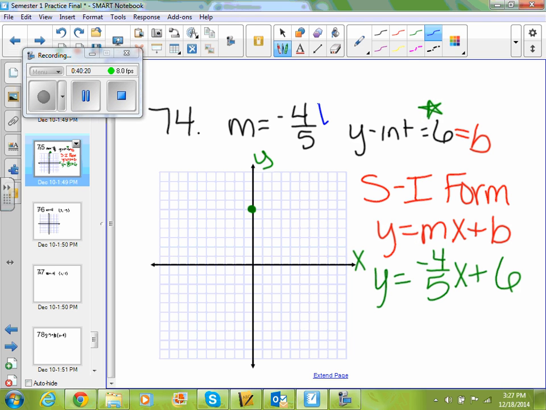So that tells me that I'm going to go down 4 over 5 to get to my next point. So from this point that I already know, up 6, I'm going to go down 4 and then over 5, and I will have another point. Yep, and then we do connect our points to form a line.